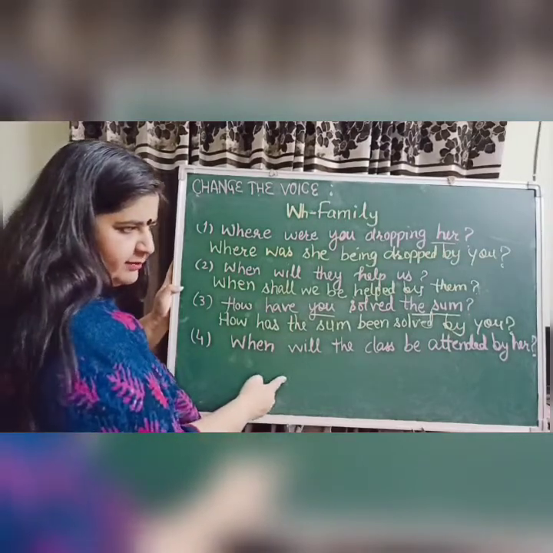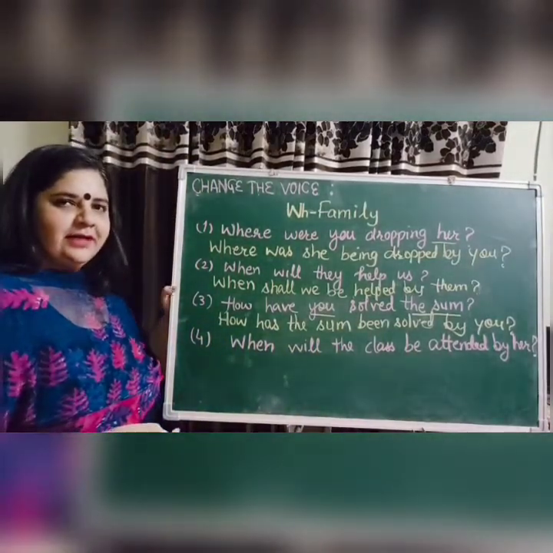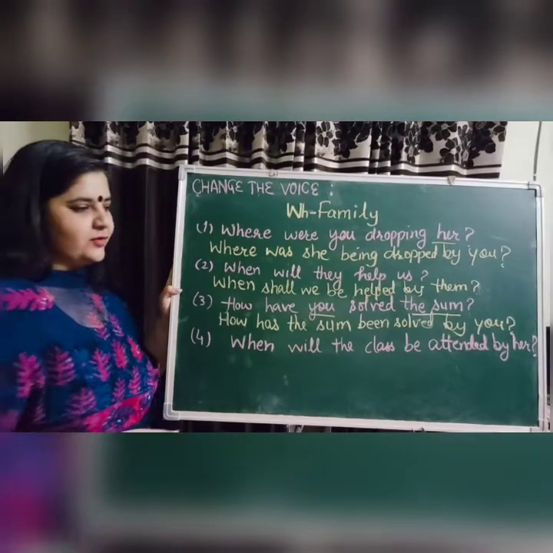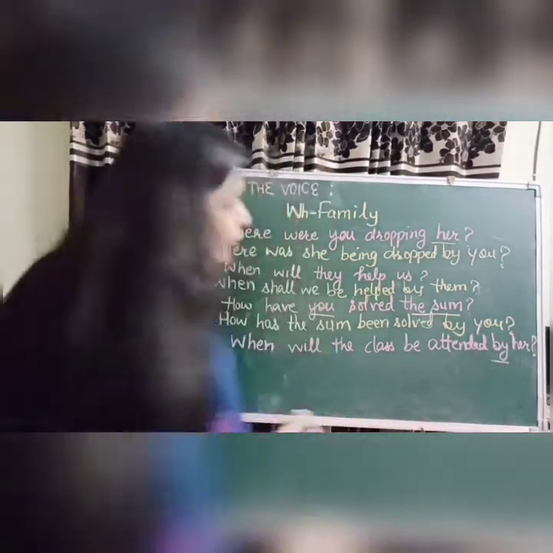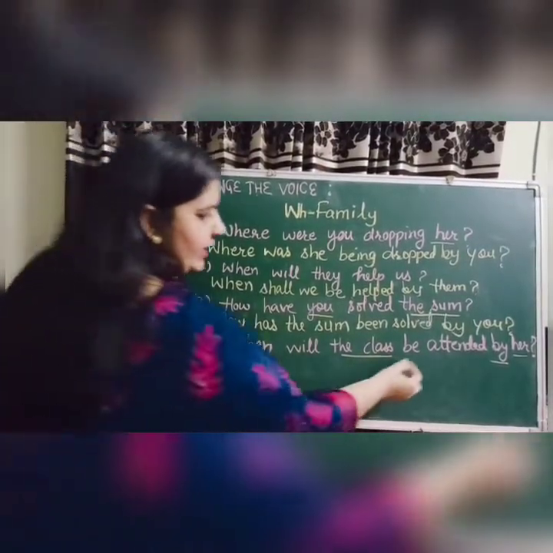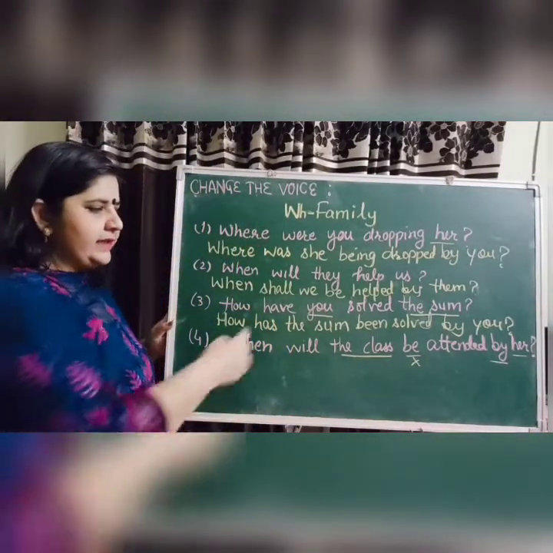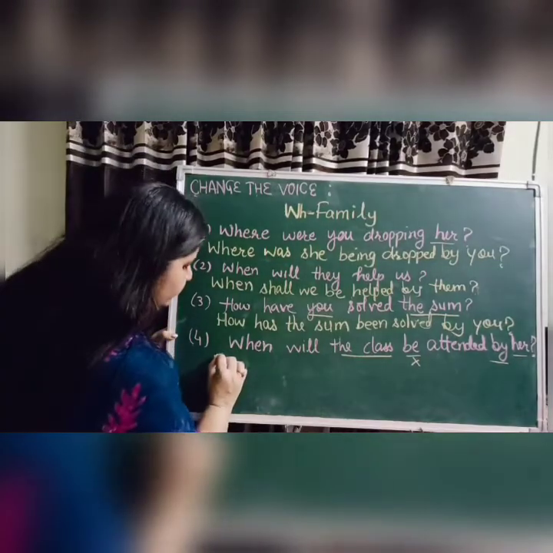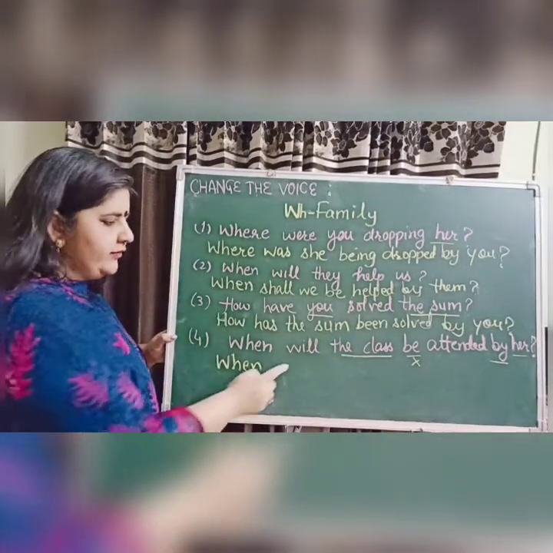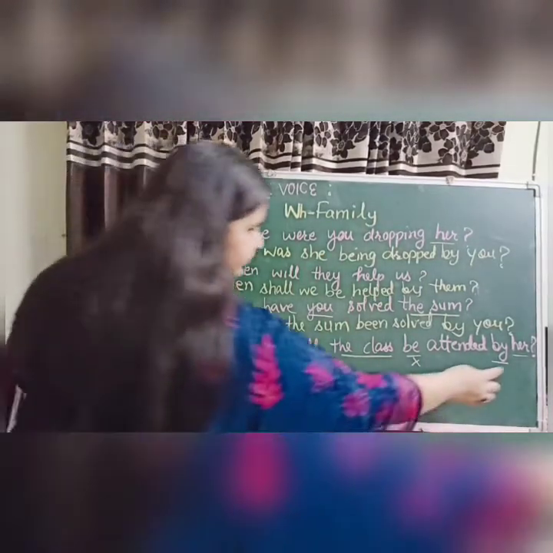When will the class be attended by her? Now there's a twist. Can you identify what is the twist? Yes, it is already passive. Now you have to make active. So this is passive and we have to cut be here because be is used in passive, and other changes will be made. So the first word will remain when. Now we have to decide will or shall, and that will be decided by activating the object.